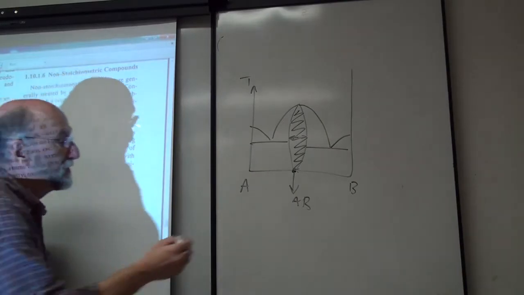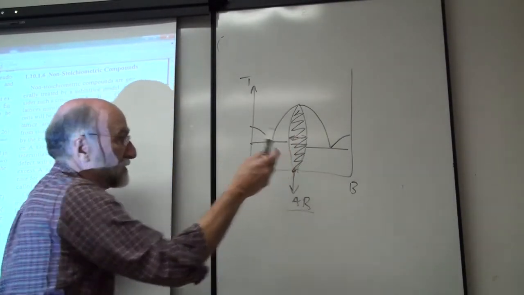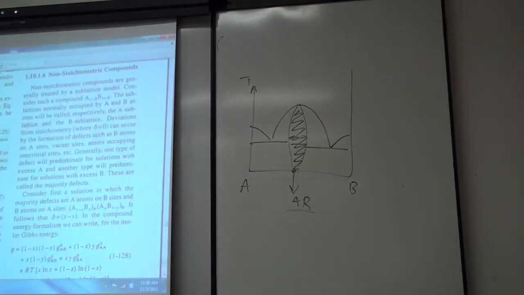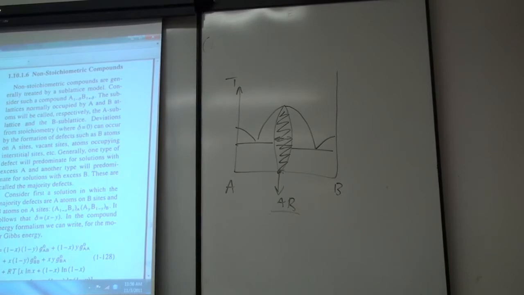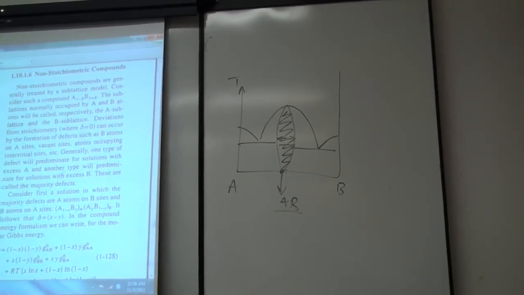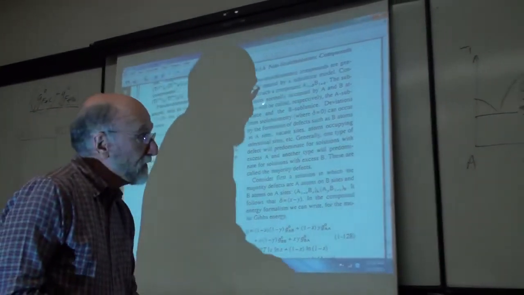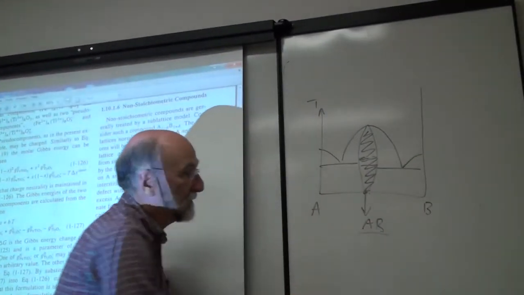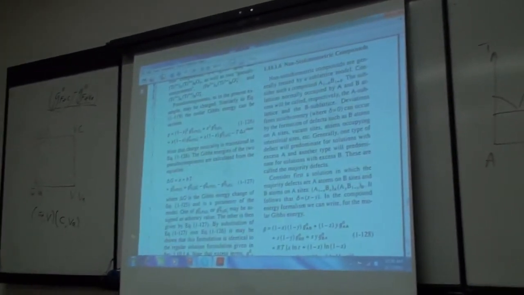Generally, as you go down to the lower temperatures, it comes down to being AB, but at higher temperatures, you can have a deviation from the stoichiometry AB. All right, so now we want to treat the non-stoichiometry of the compound using formalism here some way.